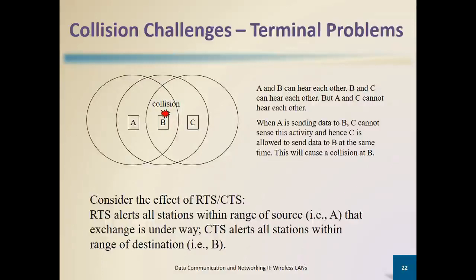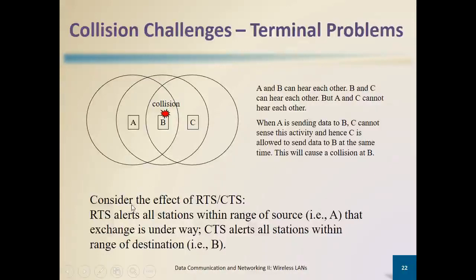So in general, I would probably say that collision detection, or carrier sense multiple access with collision detection, and collision avoidance play a key role to address wireless transmission collision challenges. So within this scenario, if A is sending data to B and C cannot see the activity and hence C also tries to send particular information, then a collision happens.